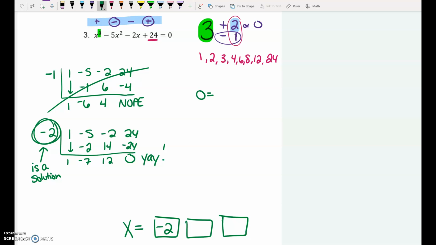So we've got 0 equals x plus 2. Because if -2 is a solution, that means that there was an x plus 2 in the polynomial. And the 1, -7, and 12 is going to give us our trinomial. X squared minus 7x plus 12. That's really tight right there. And then I'll factor that.